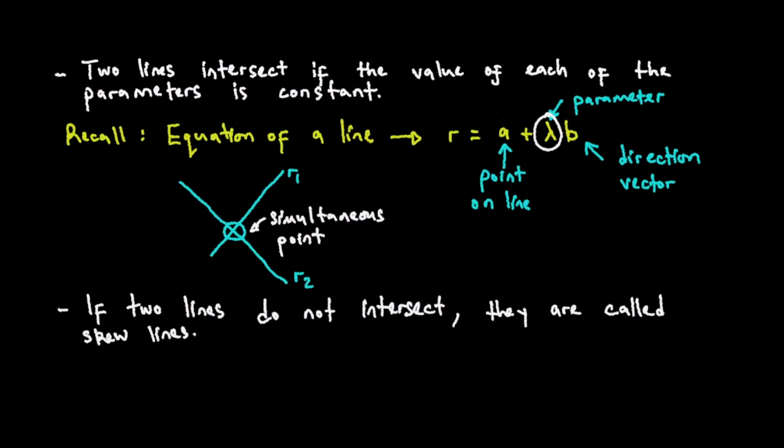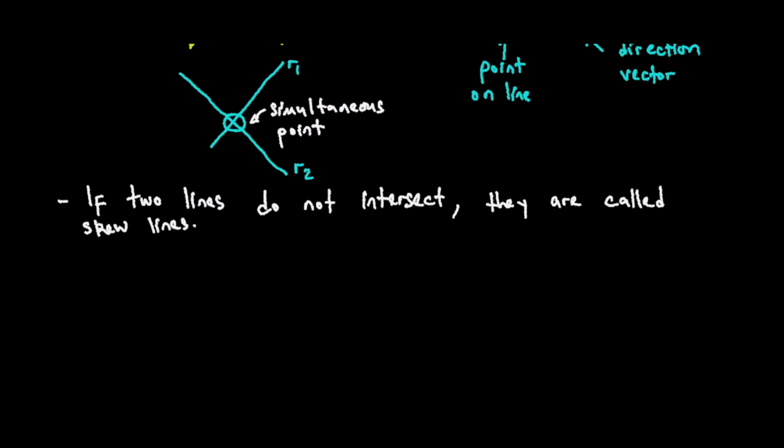When we talk about skew lines, we mean lines that do not meet. We can talk about this line and maybe that line, this will be our R1, our R2. So they are not intersecting at any point, correct? They are skew.